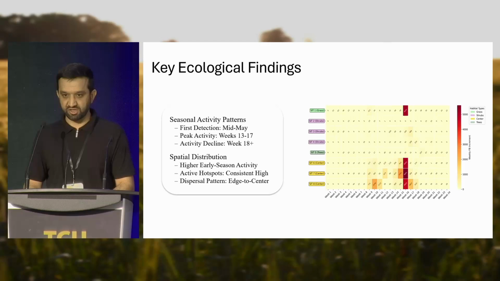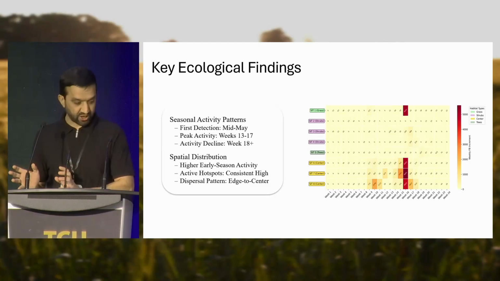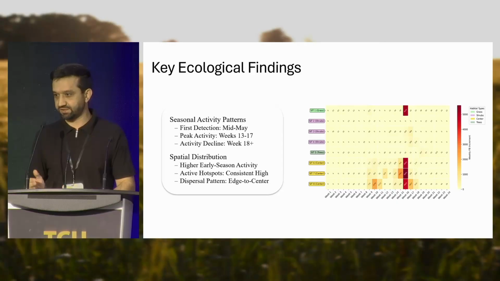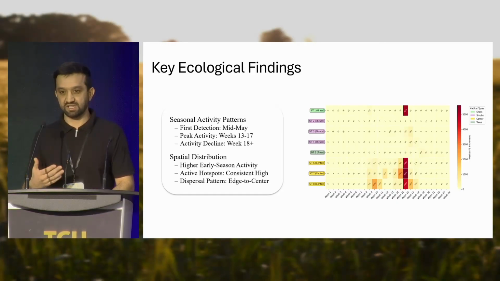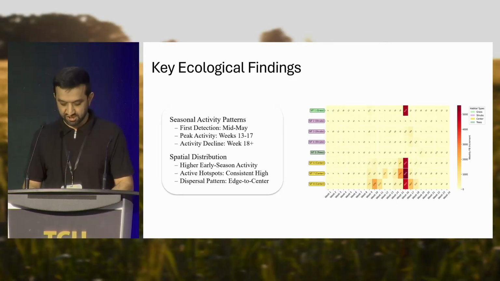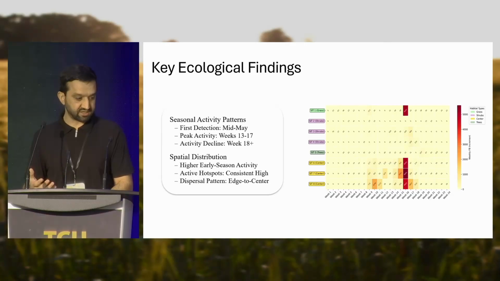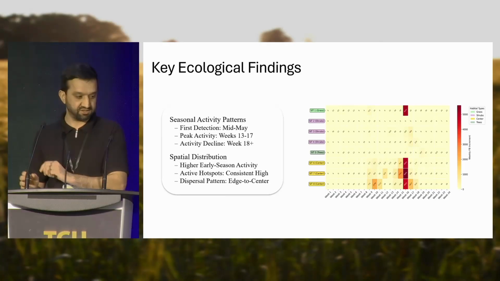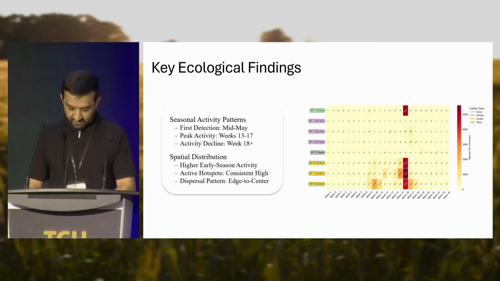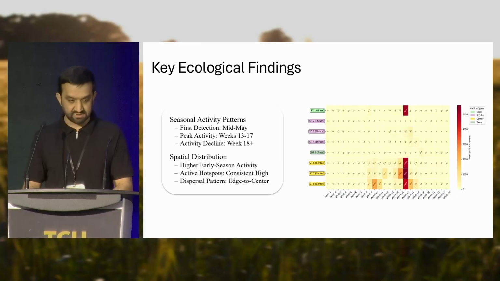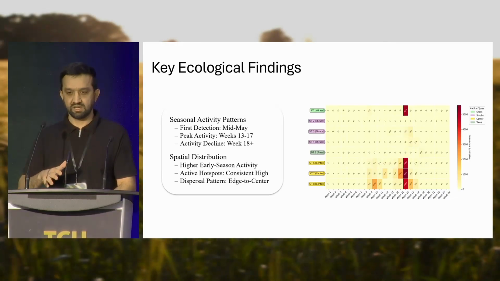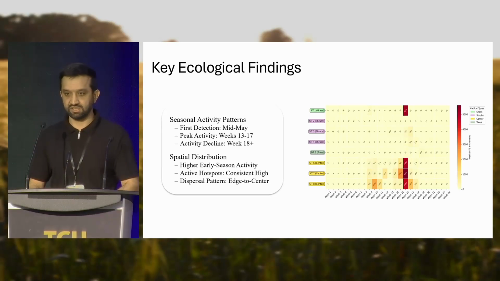Locations where the crop was near the grassy edges consistently showed high activity compared to other regions, like those near the trees. There was a clear dispersal pattern in their activity from the grassy area to the canola plots.